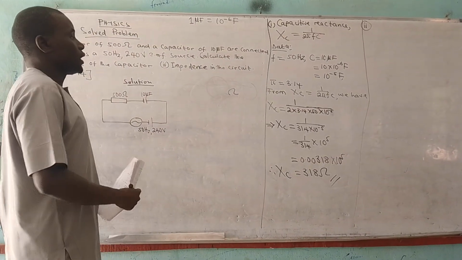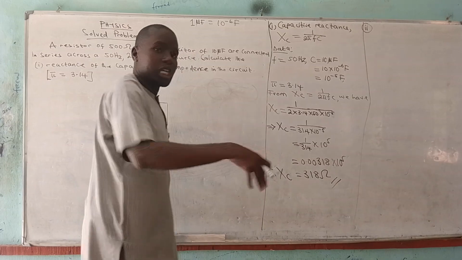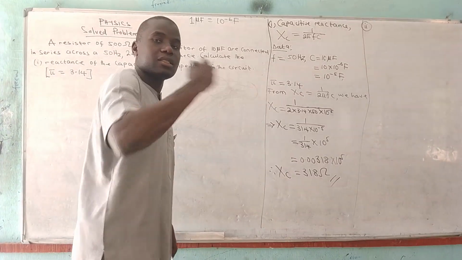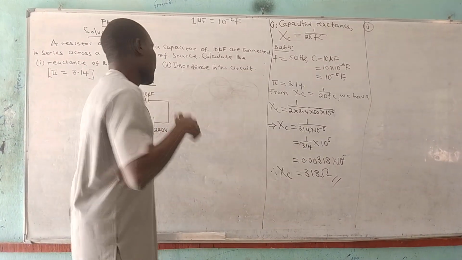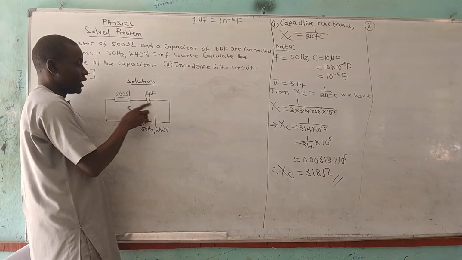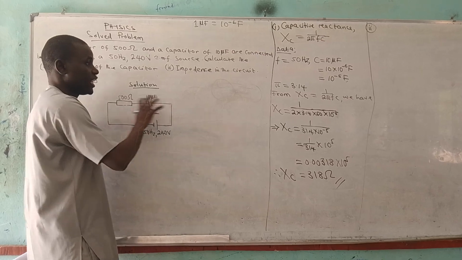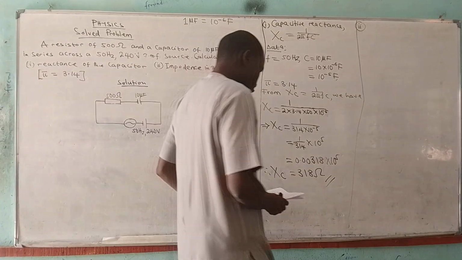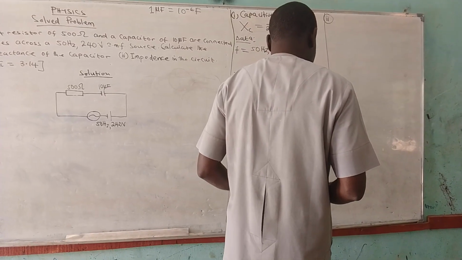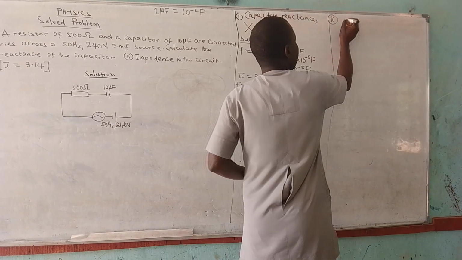Do you understand? So the total opposition, made up of reactance and resistance, which we denote with the letter Z. So impedance.